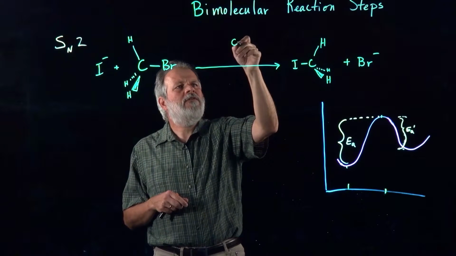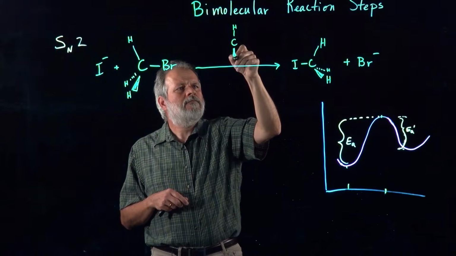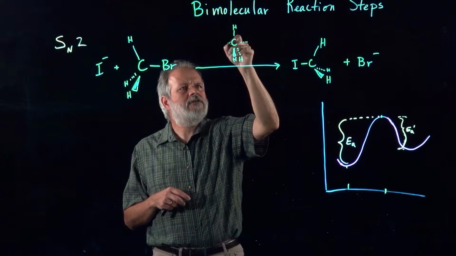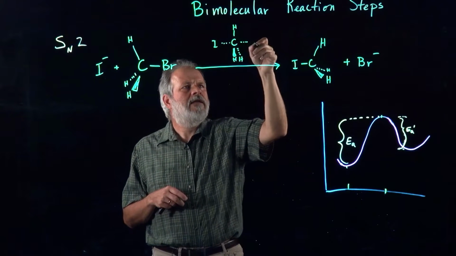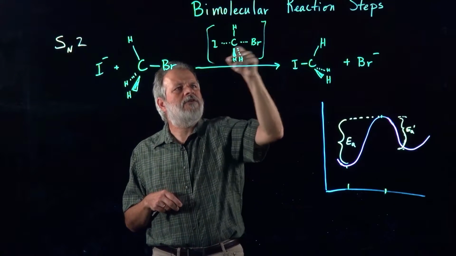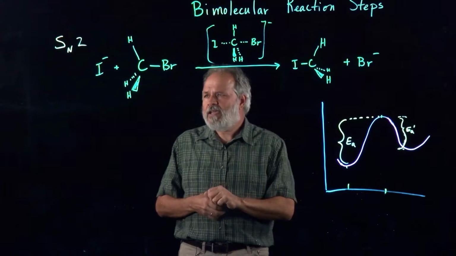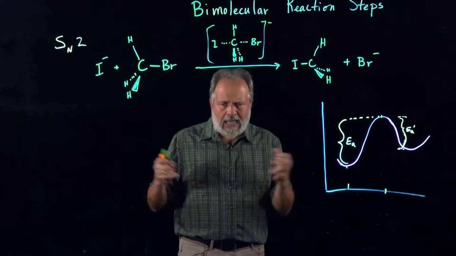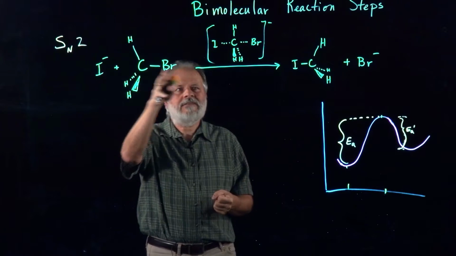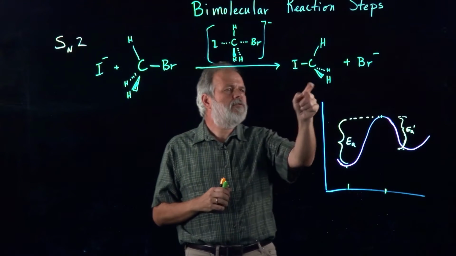Okay, and so if we look at the very midpoint, we see a partially made bond to the iodine and a partially broken bond to the bromine, and the whole thing has a -1 charge. Okay, so when you take two reactants, you collide them with collision energy. If there's enough energy to get to this point, then it will continue on to the products.